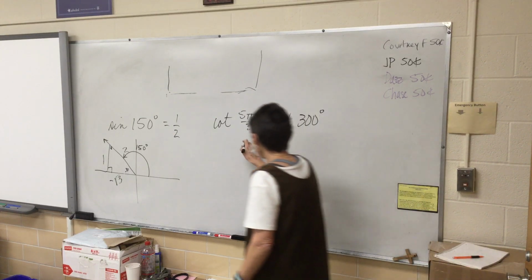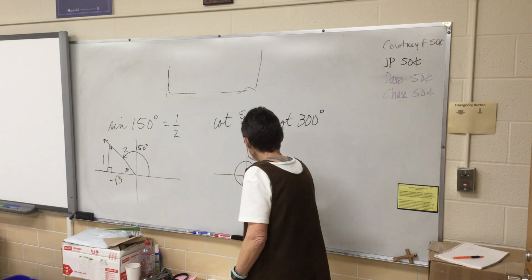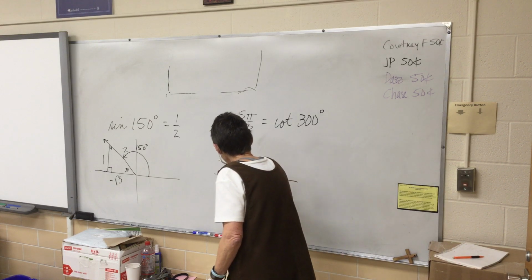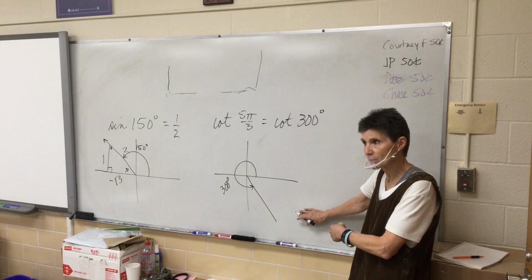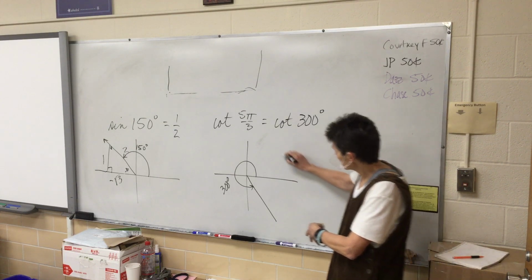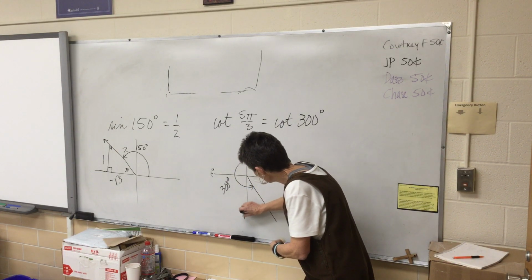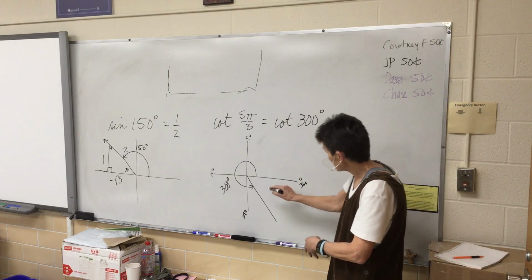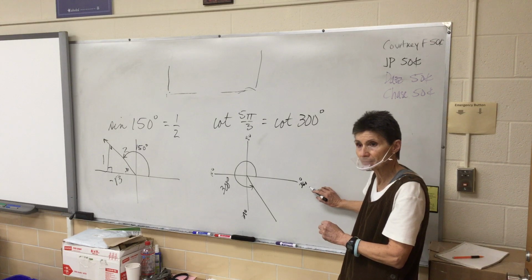So we're going to go ahead and draw 300 degrees. Here we go. Now I've done so many of these in my old life that that's just automatic to me. Do you all understand why 300 is there? Because this is 90, 180, 270, 360, 0 and 360. So 300 is somewhere between 270 and 360.